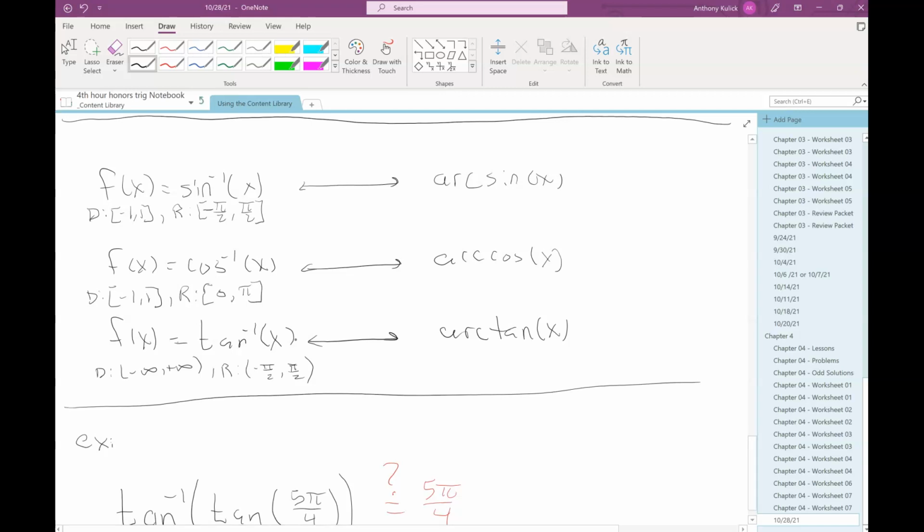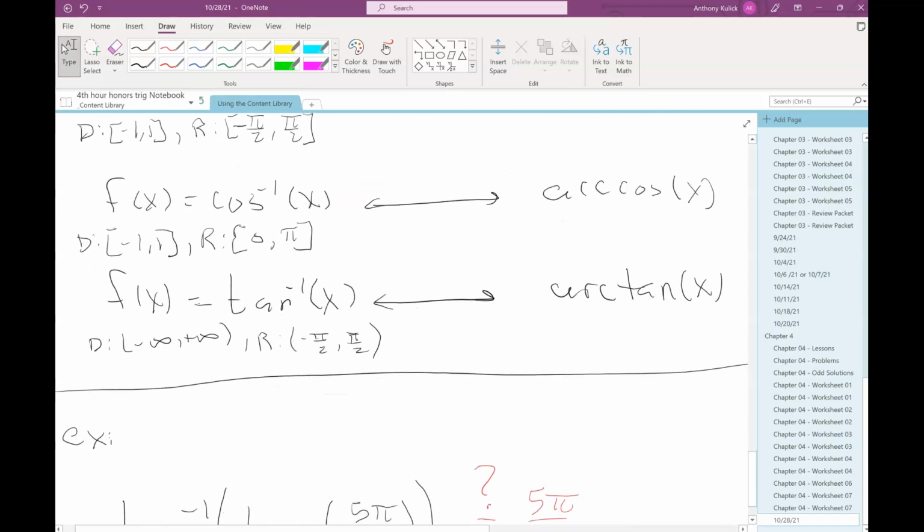Why does the -pi over 2 and positive pi over 2 get parentheses there for tangent rather than brackets? Why would they not be included? Think back to the graph of tangent. What happens at -pi over 2 and positive pi over 2? The asymptote. That's where the asymptotes are, right? So there's no point there. If you think about what the inverse is doing, I should be able to give you undefined and you'd have to give me back an angle measure.